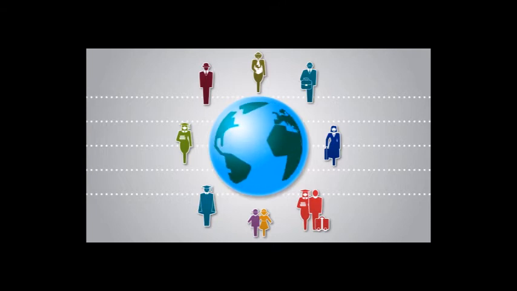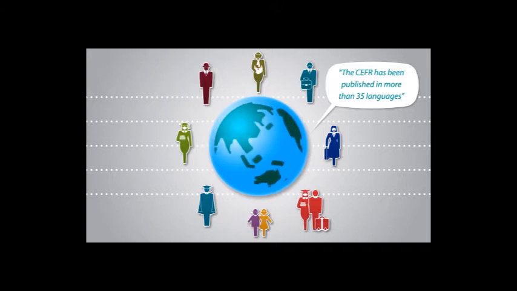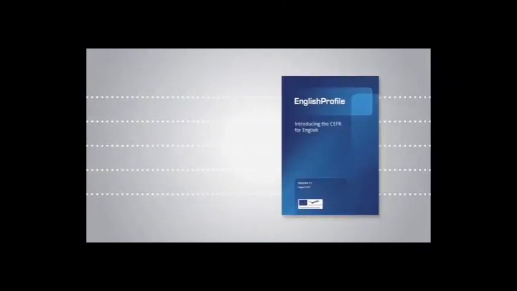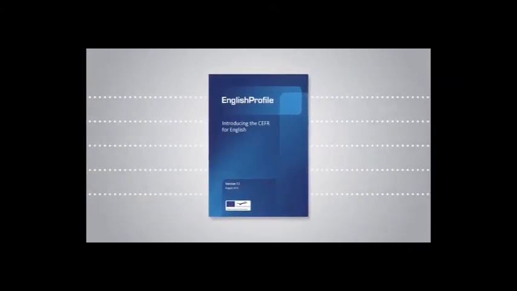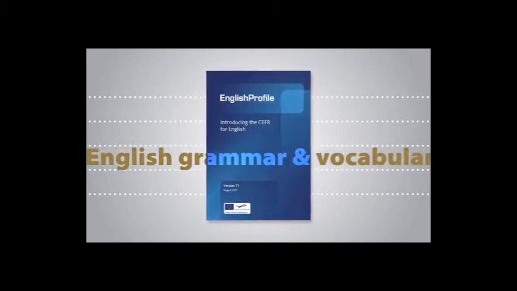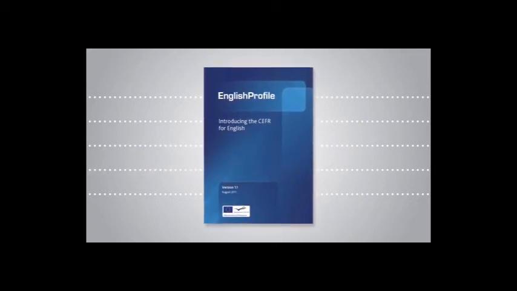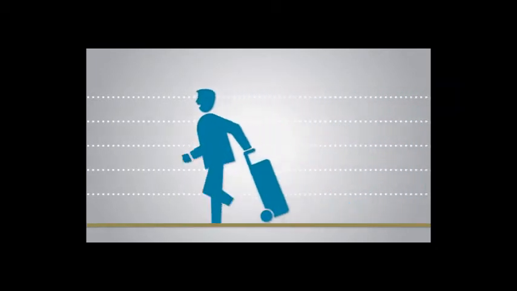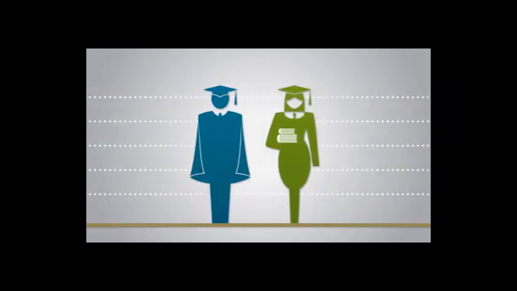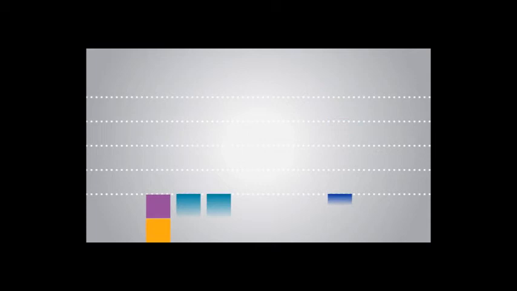It's been published in more than 35 languages, and descriptions of individual languages have also been developed. Cambridge is a partner in the English Profile Programme, which provides very useful descriptions of English grammar and vocabulary at each level of the CEFR. Understanding your language level will help you to achieve your goal, whether it's going on holiday abroad, studying at school or university, or getting a job. And that's why the CEFR levels are useful for everyone.